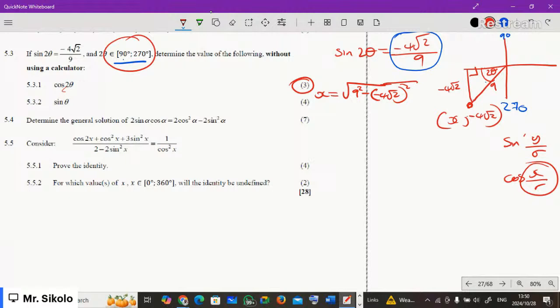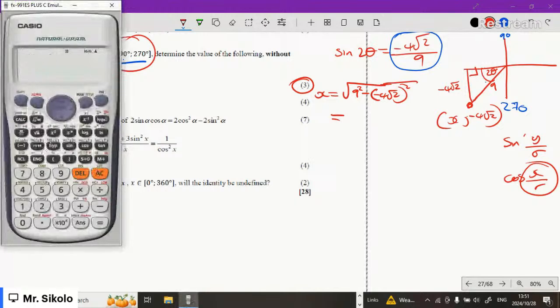Then now because of the quadrant, whatever the answer, okay, let's start by looking at it with the calculator before you decide on the sign, whether your x will be positive or negative. Then when you press it on the calculator, what does it give?